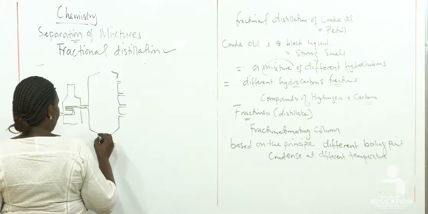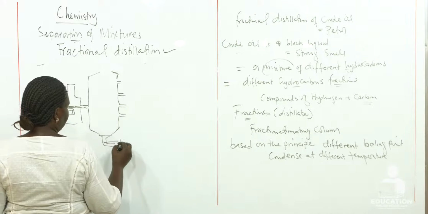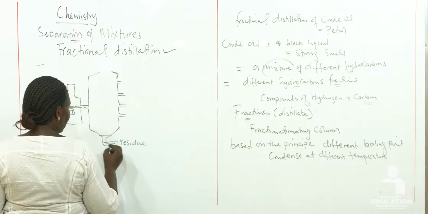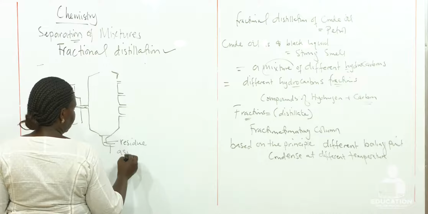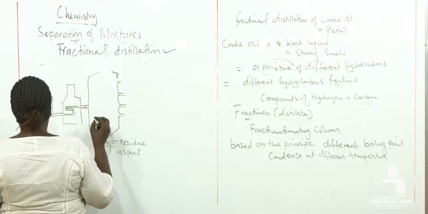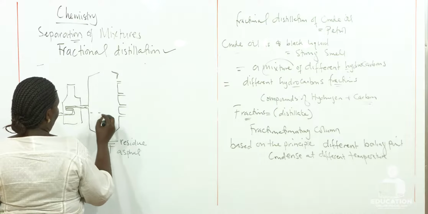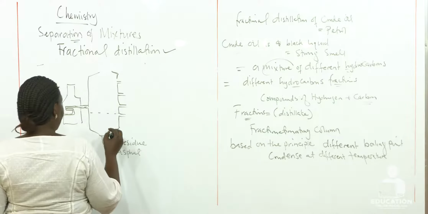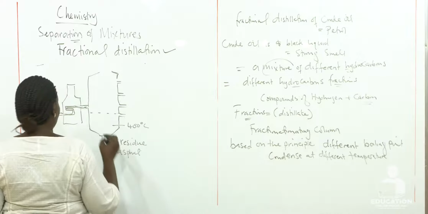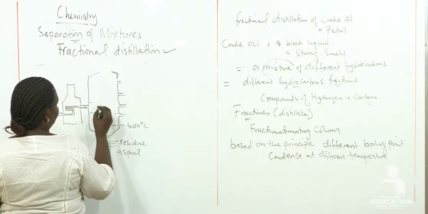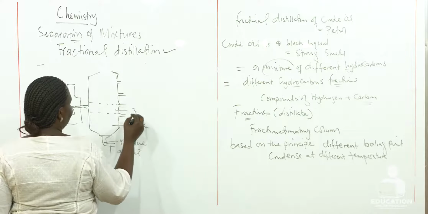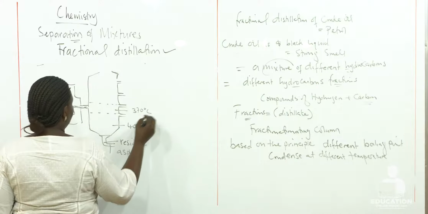At the bottom here we have what is called the residue. The residue can be in the form of asphalt. At the bottom the temperature is 400 degrees Celsius. The next is 370 degrees Celsius.